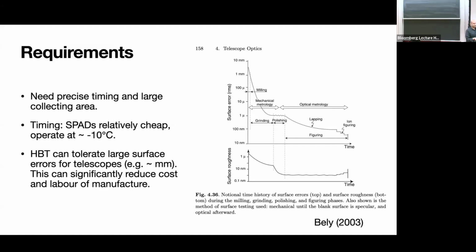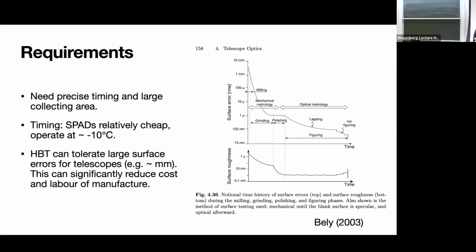Now, if you look at these famous schematic plots of the amount of time that goes into manufacturing a mirror, all of this horrible grinding and polishing and thinking off single molecules using ions, all that is done to get down to these nanometer surfaces.